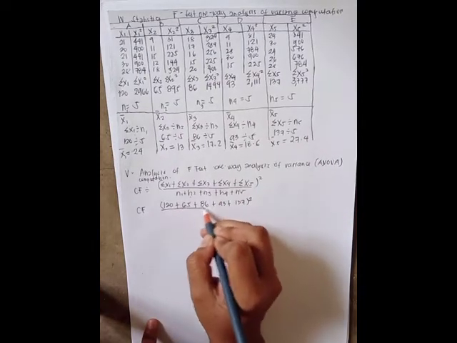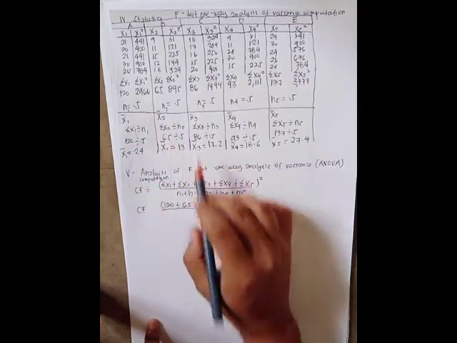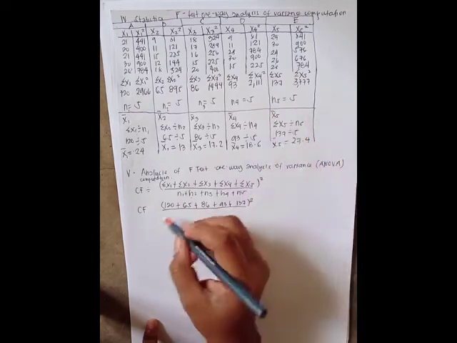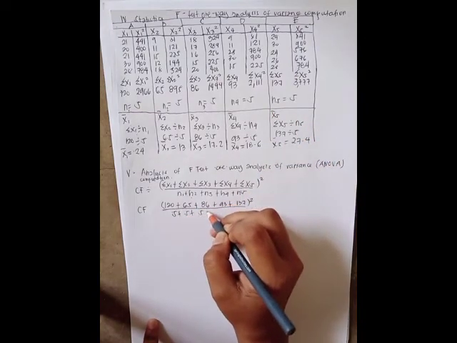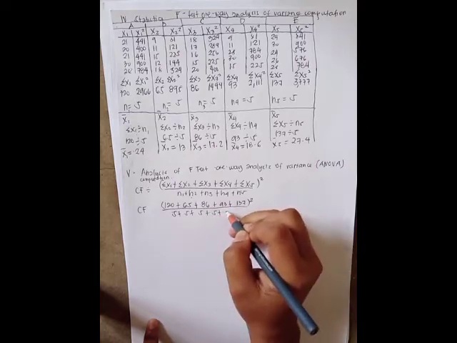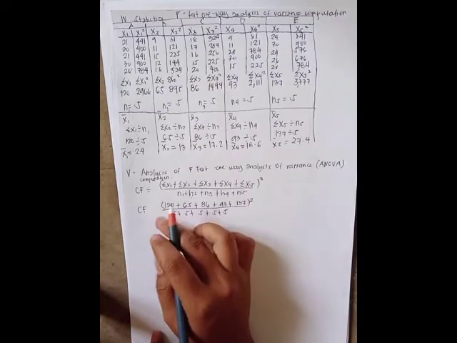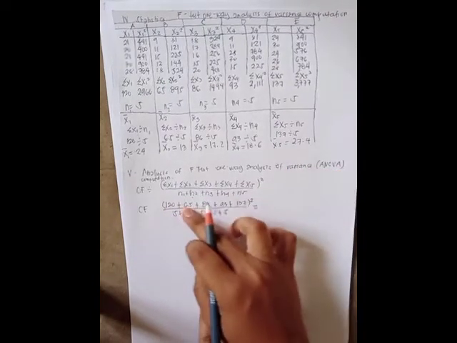So divide it with our n1, 5, n2, 5, n3, n4, and n5, which is just the same 5. 5 plus 5 plus 5 plus 5 plus 5. So we're done here. Next, we're going to solve this.